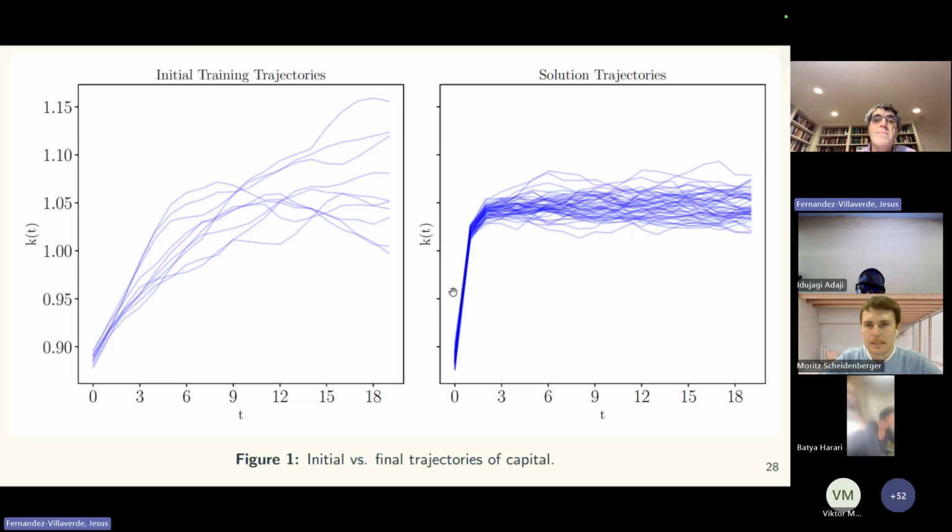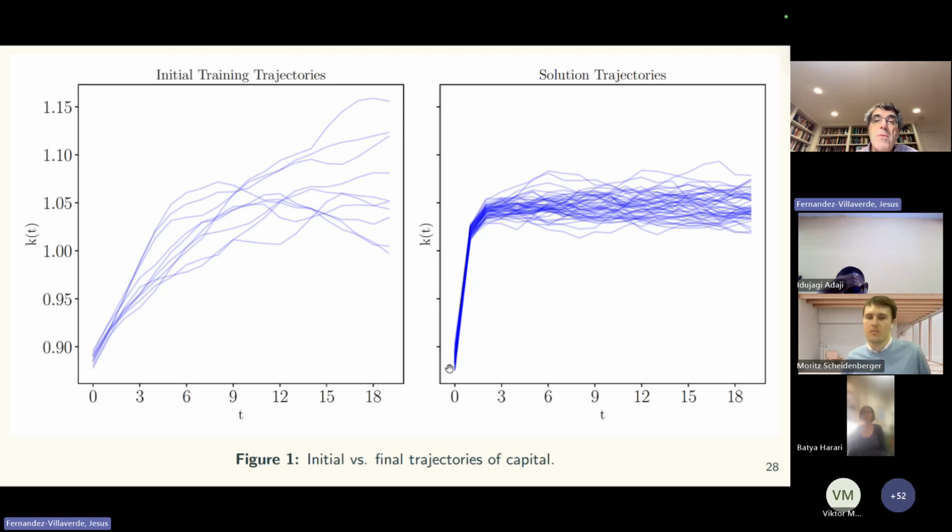And this is the initial versus final trajectories of capital. Of course, why is this evolution of capital over time so wiggly? It is because, remember, this is the stochastic version of the neoclassical growth model. You have positive and negative productivity shocks.